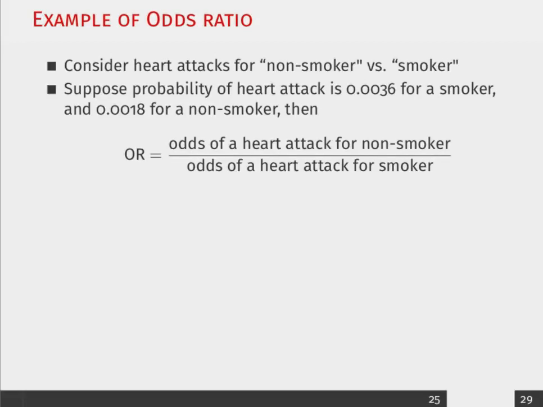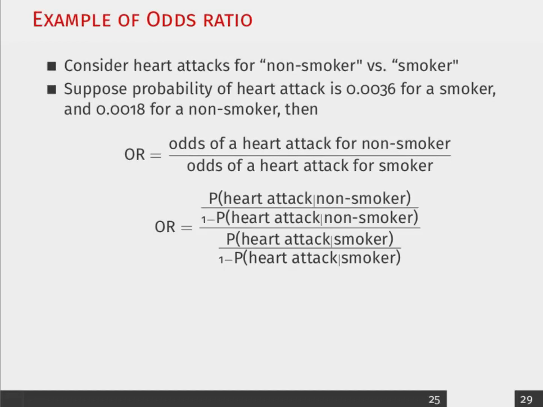So when we construct the odds ratio, we're looking at the odds of having a heart attack for a non-smoker over the odds of a heart attack for a smoker. Now, we can just rewrite this in probability terms, and given that I know what these probabilities are, I can just plug and chug here. That's essentially all I'm doing.